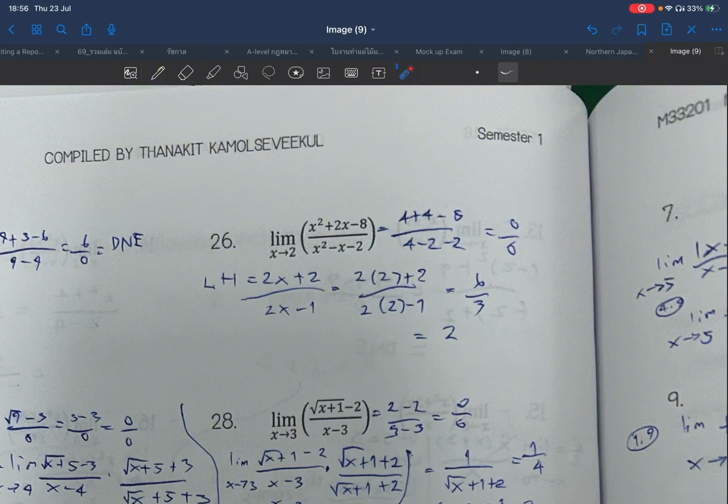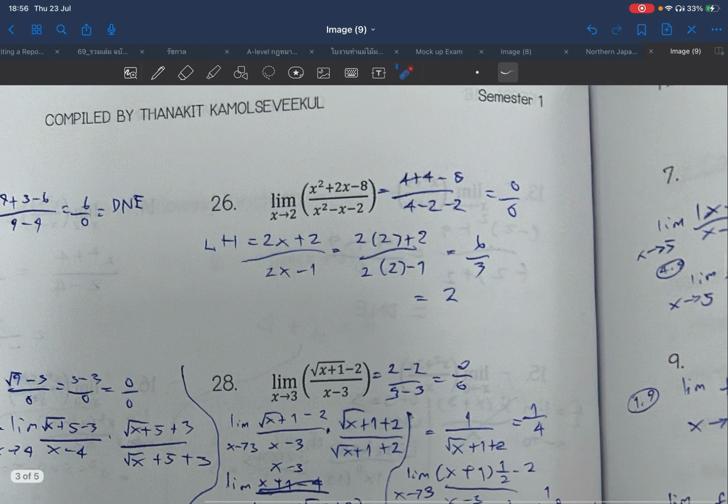Number 26. So as usual, we substitute them to get 0 over 0. Apply LH rule. Derivative of the numerator is 2x plus 2, and the derivative of the denominator is 2x minus 1.